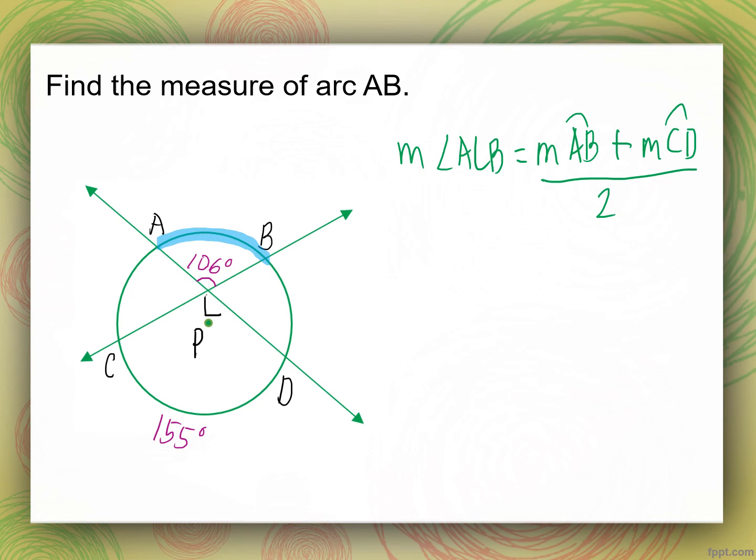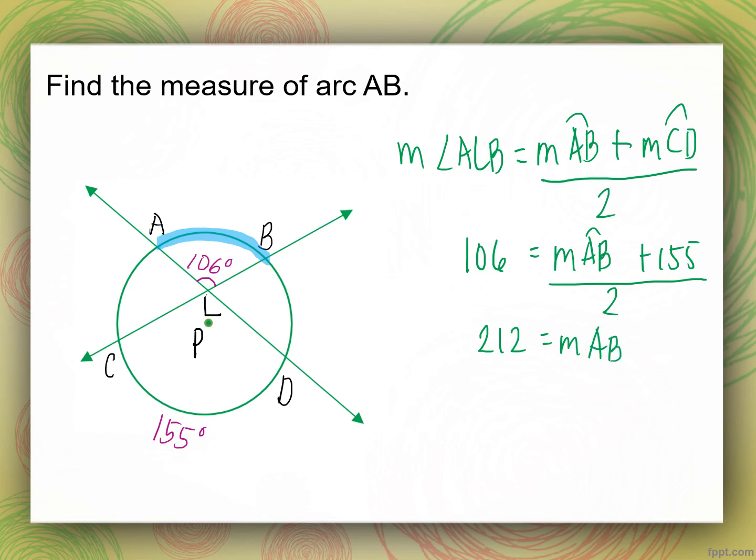Now let us substitute the values that we have. The measure of angle ALB is 106. Then the measure of arc AB, that's what we are looking for, so we just skip that, plus the measure of arc CD is 155, divided by 2. Let's cross multiply. We will have 106 times 2, that is 212, equal to the measure of arc AB plus 155.